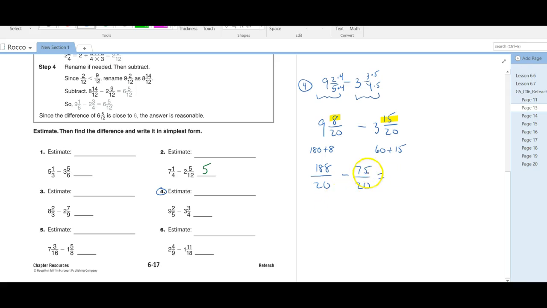When I subtract that, 188 minus 75 gives you 113 over 20. Now 20 goes into 113 5 times. 5 times 20 is 100. 113 minus 100 is 13. So this becomes 5 and 13 over 20.